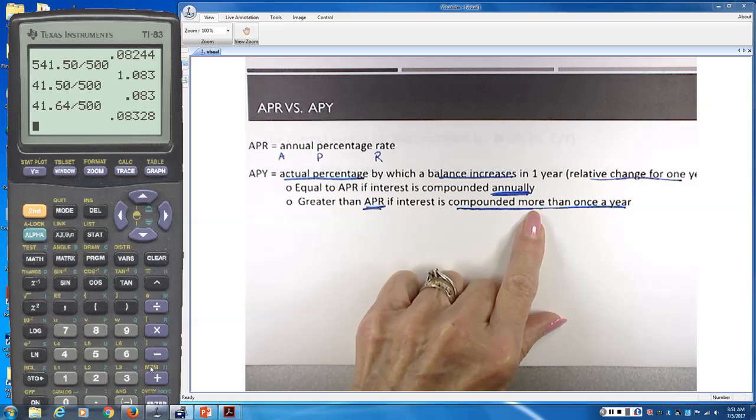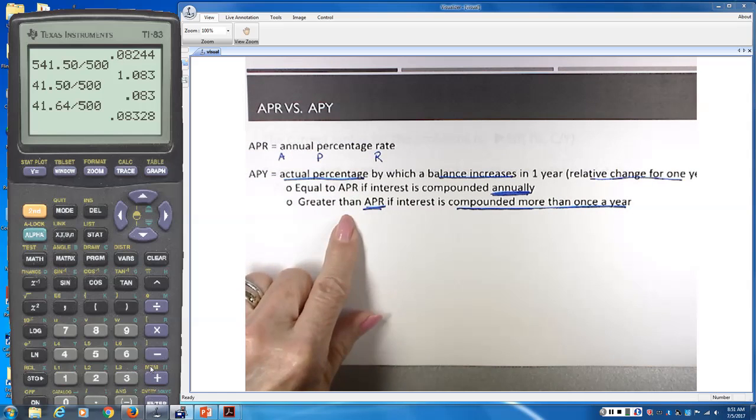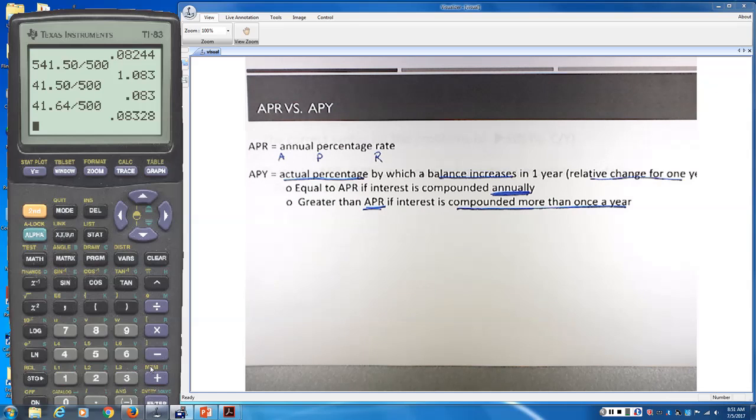Okay? So what you need to know is the difference between these two. APR is the interest rate the bank tells you up front, or whatever your lending institution tells you up front. Okay? They always tell you the APR, the annual percentage rate. But the APY is the actual percentage that you can expect to actually gain.